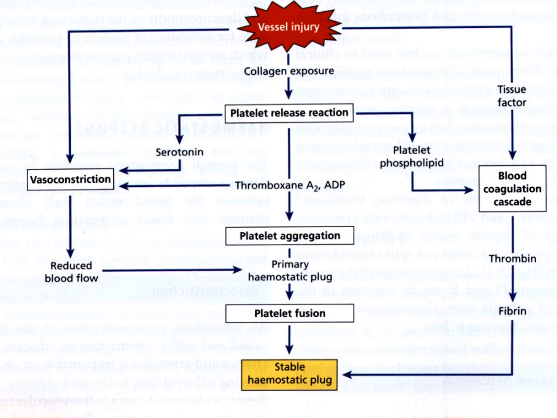Vessel injury will result in collagen exposure and ultimately liberating platelet phospholipids and serotonin and causing platelet release reaction with the ultimate liberation of thromboxane A2 and ADP. The third thing that would happen following vessel injury is liberation of tissue factor and activation of the blood coagulation cascade to eventually form fibrin and the stable hemostatic plug. So as you can see from the slide, all processes are interrelated.